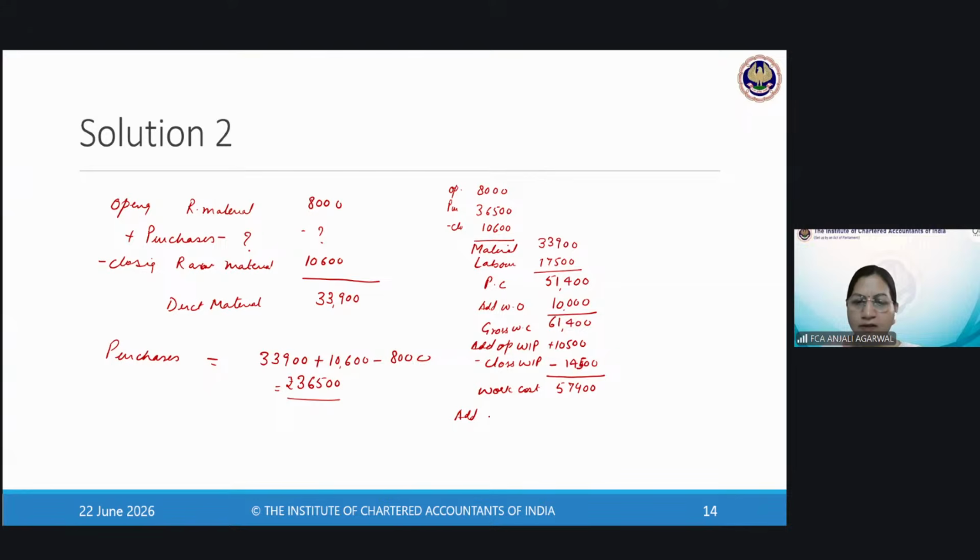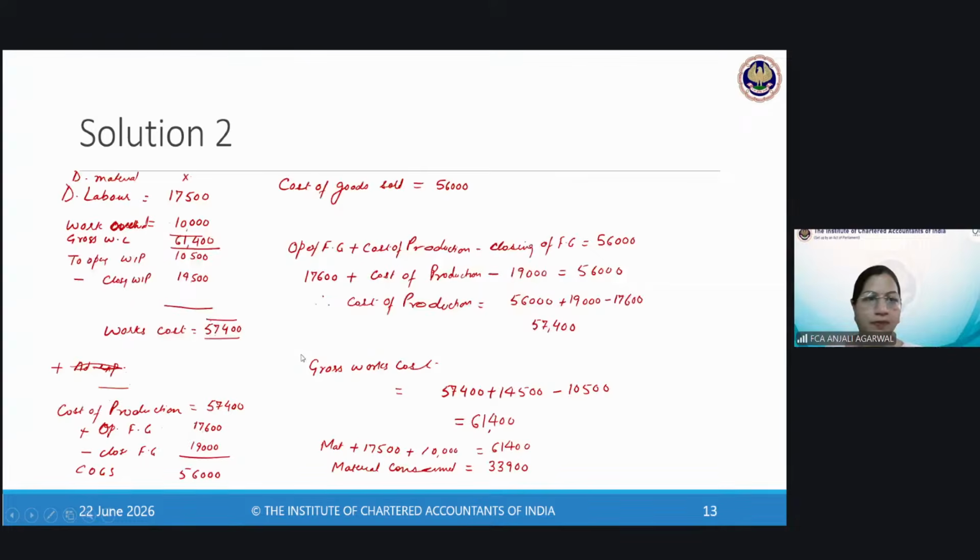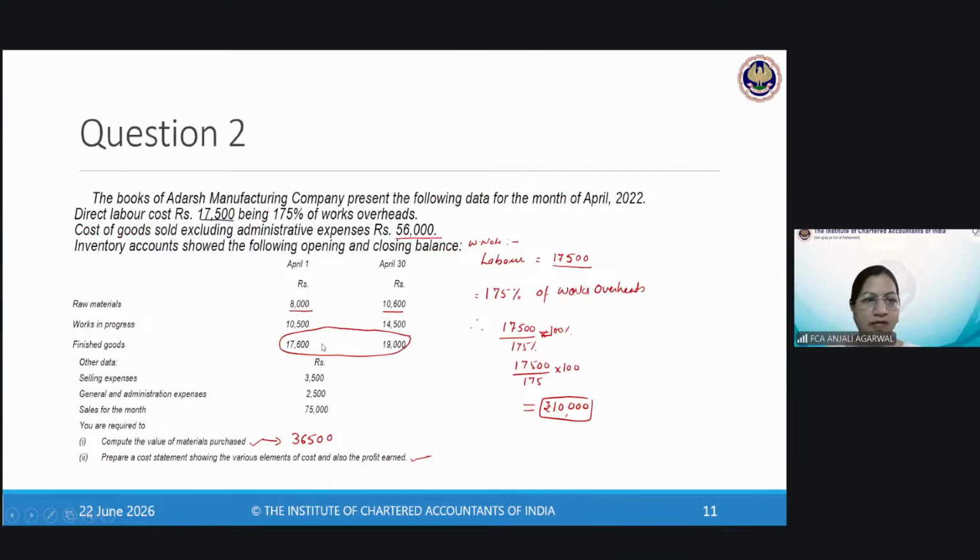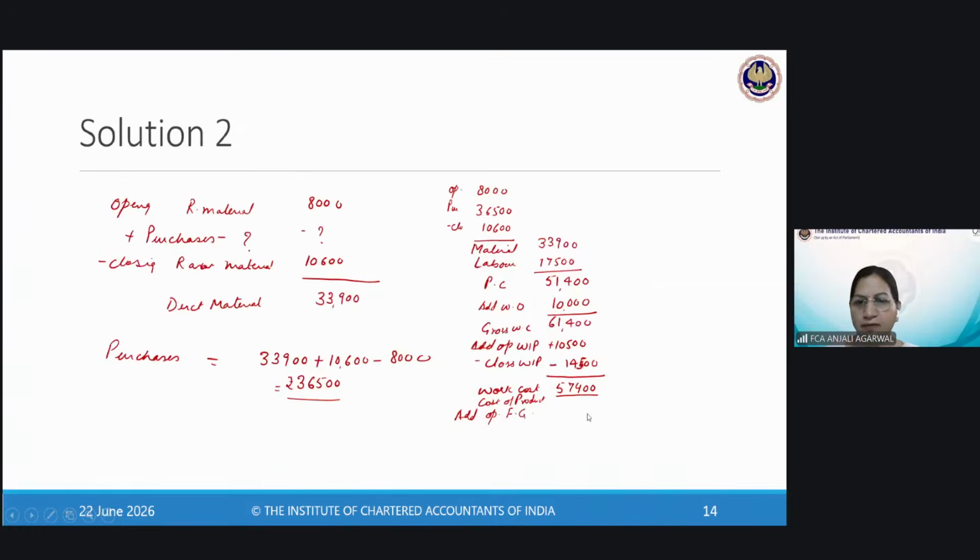You will add now opening finished goods. This is your cost of production, because we are to ignore administration expenses here. Finished goods opening is 17,600 and closing is 19,000, minus closing. So cost of goods sold is 56,000.